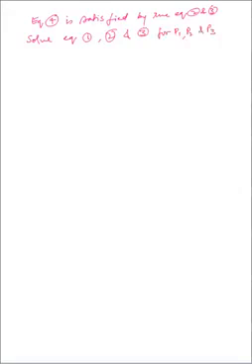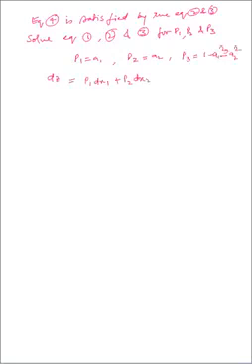So p1 is equal to a1, p2 is a2 and p3 is, from the question, we can get this: 1 minus a1 cube minus a2 square. We put these values in dz. dz is equal to p1 dx1 plus p2 dx2 plus p3 dx3, which is equal to a1 dx1 plus a2 dx2 plus (1 minus a1 cube minus a2 square) dx3.